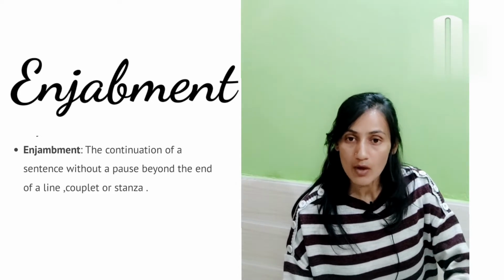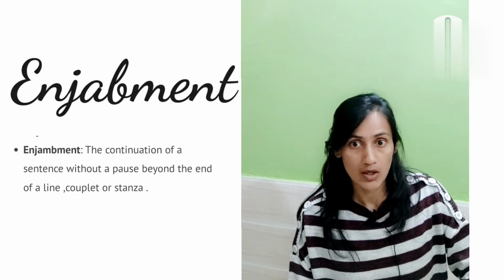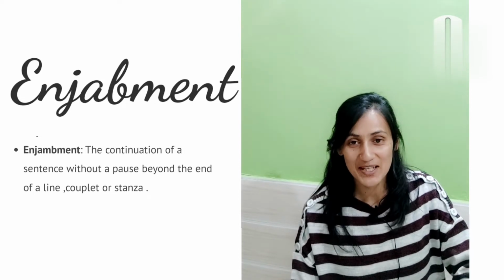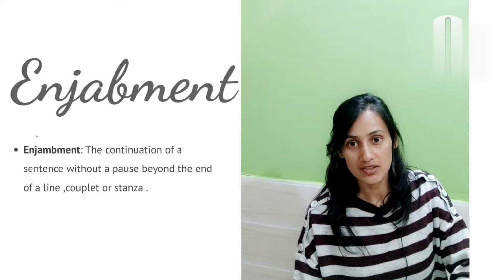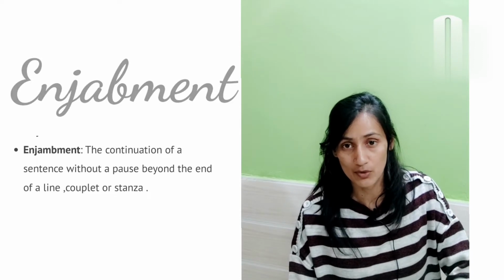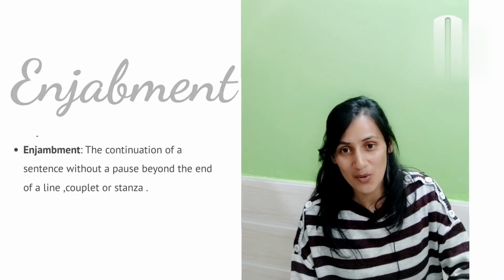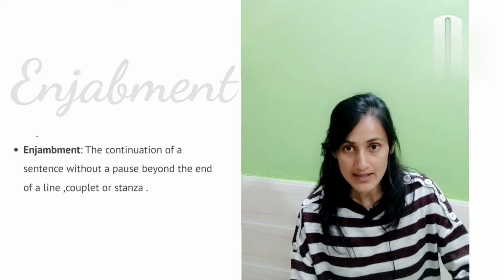So we see the whole stanza carries the same idea, that's all about the cricket. And in the first and second line there is no pause, no full stop, no comma, and it carries the same idea. So that's enjambment. In further stanzas also we see enjambment.